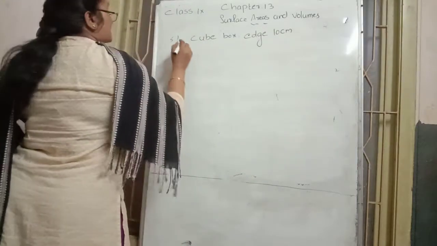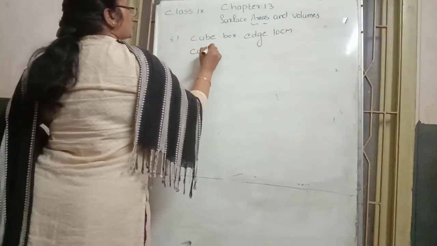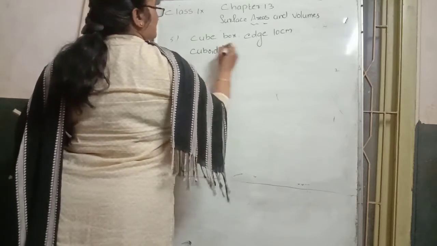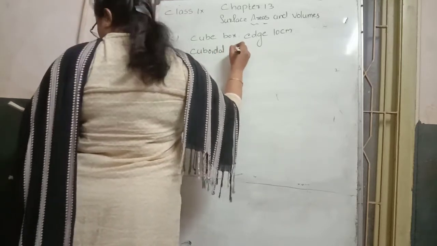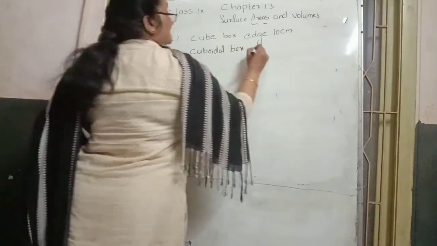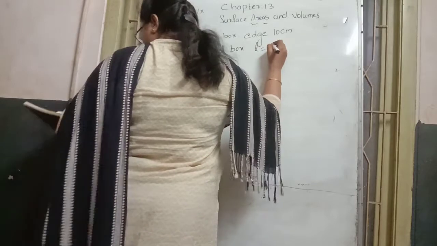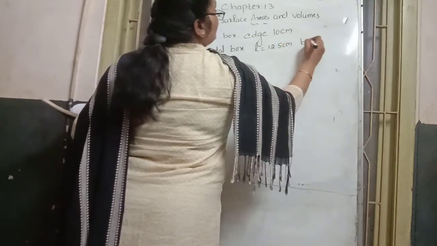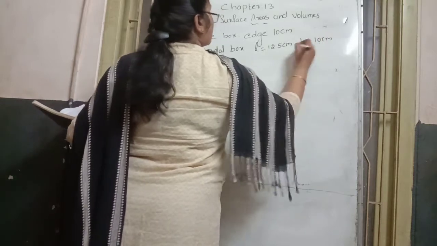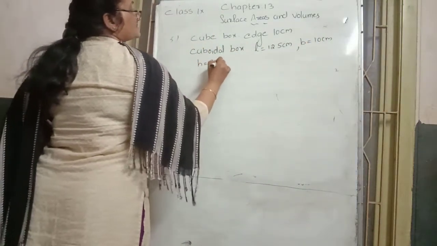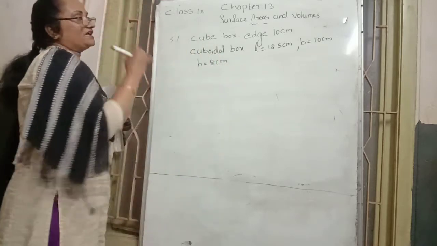Then another box is a cuboid shape box. The length is given as 12.5 centimeter, the breadth as 10 centimeter, and the height as 8 centimeter. In this way they have given the question.